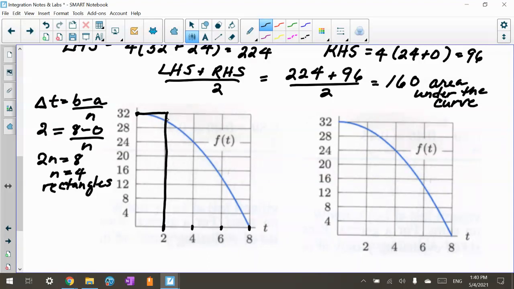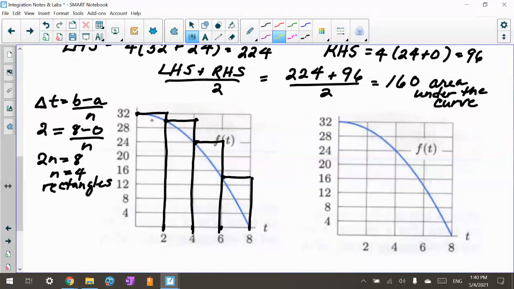I'm coming from the left. Start at the curve, come over, come down. Now, because this is a decreasing function, I can see I'm overestimating again.